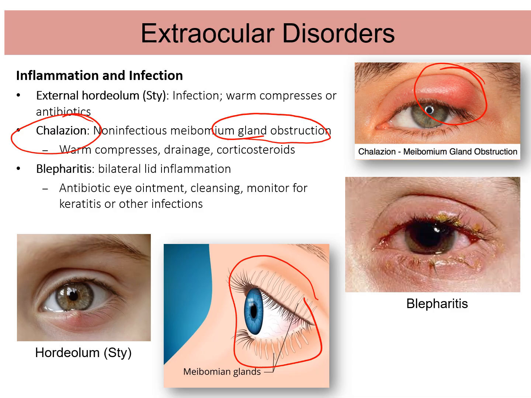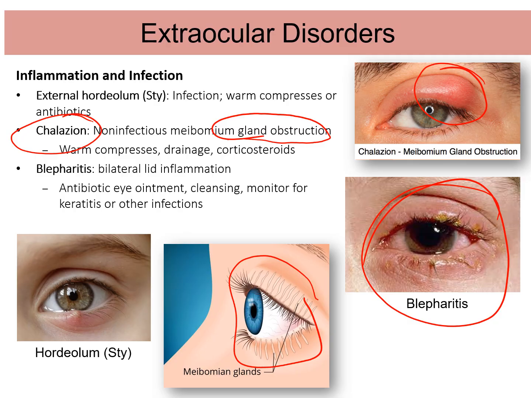Then we have blepharitis. This is eyelid inflammation. It can be the top and bottom at the same time. Usually it's top and bottom, both eyes. This one is going to cause crusting, like you see in this picture, lots of crusting. So you're going to want to educate the patient to keep it clean. They can use a gentle cleanser for that, wipe away.